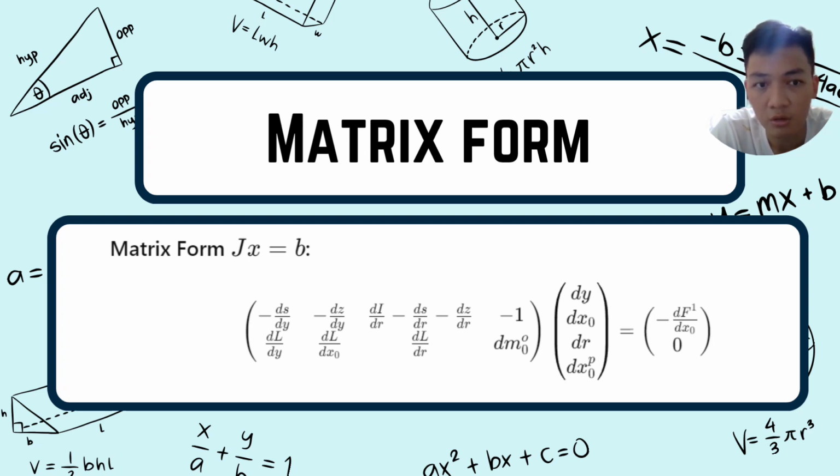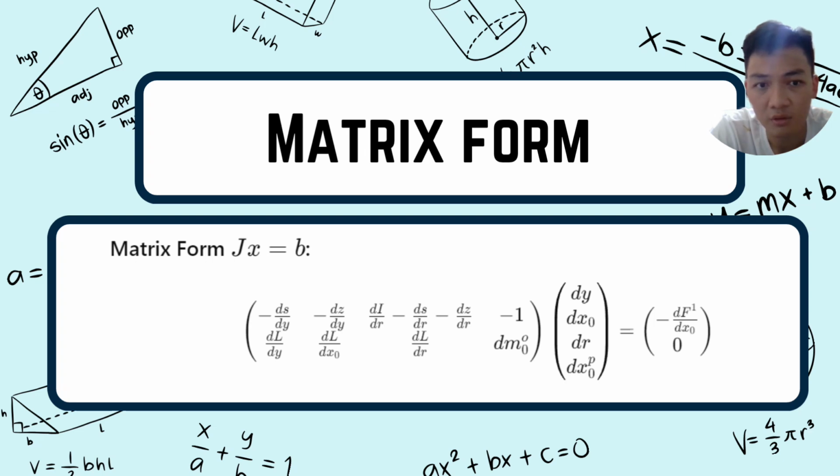The first row includes the derivatives of s and z with respect to y and r, the derivative of L with respect to r, and a constant -1. The second row consists of the derivatives of L with respect to y, x, and r, along with a term dm.